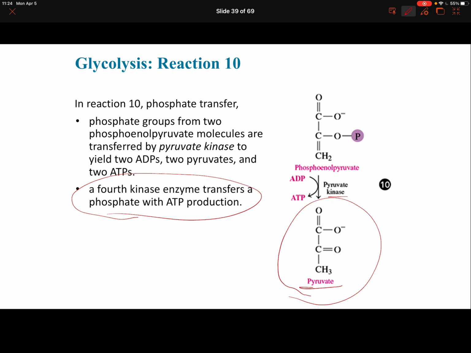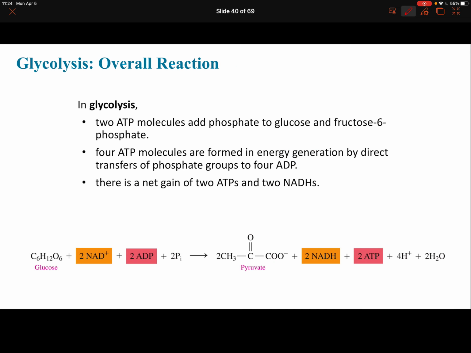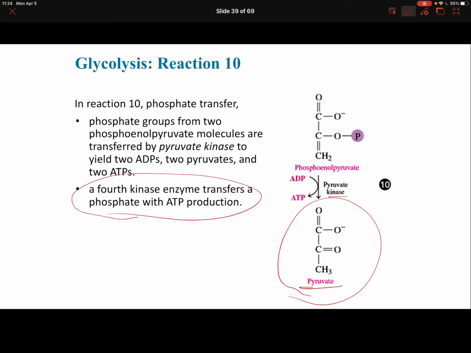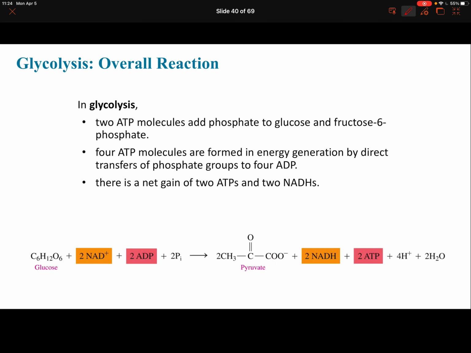So let's not forget, full reaction here. From our glucose and two NAD pluses and two ADPs and two inorganic phosphates, we can get two pyruvates, two NADHs, two ATPs, and so this is net two net ATPs, and then some waters and hydrogen ions.